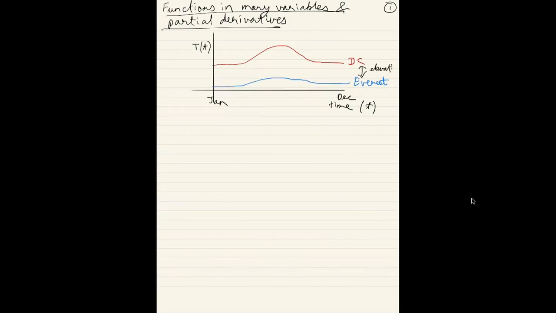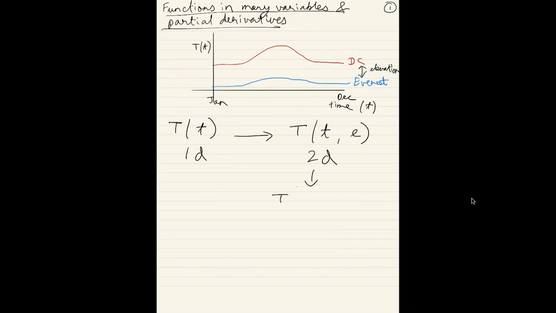We could say DC is at sea level and Everest is at, well, Everest level, around 29,000 feet or 8,940 meters above sea level. So temperature as a function of time was in one dimension, and we can think of it now as temperature as a function of time and elevation, which is now a function of two variables. On top of elevation, we could add more variables.